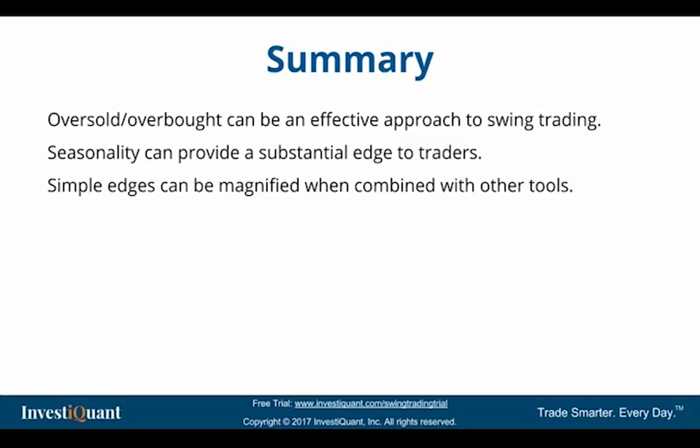Take a 5-day low high strategy, take an end of month seasonal strategy, and apply your Japanese candlestick or Fibonacci or whatever methods you want to use to try and improve those edges. And if you have some simple edges on your own that you trade, there's a good chance you'll be able to improve them using overbought, oversold, or seasonality.